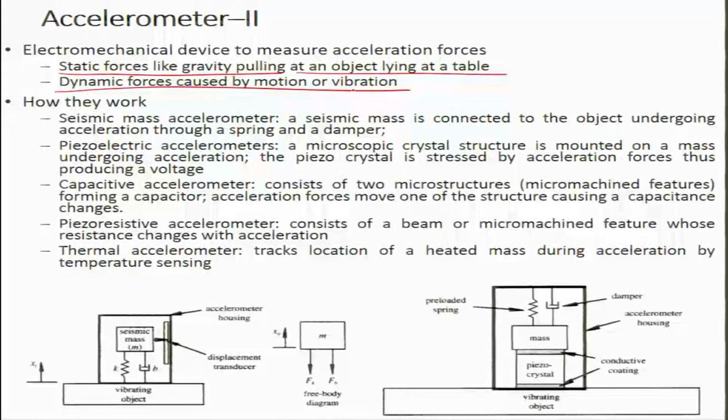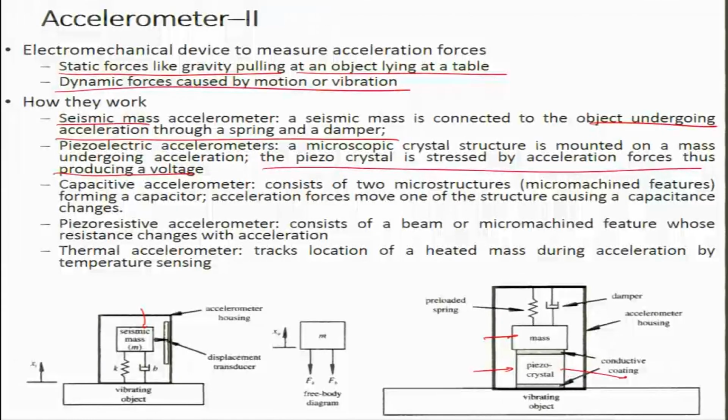How they work: in one of the types of accelerometers there is the seismic mass, I think I just mentioned this earlier, connected to an object undergoing acceleration through a spring and damper. In the other, there is a mass which sits on a piezo crystal. The piezo crystal is stressed by acceleration forces and it produces in turn a voltage output.